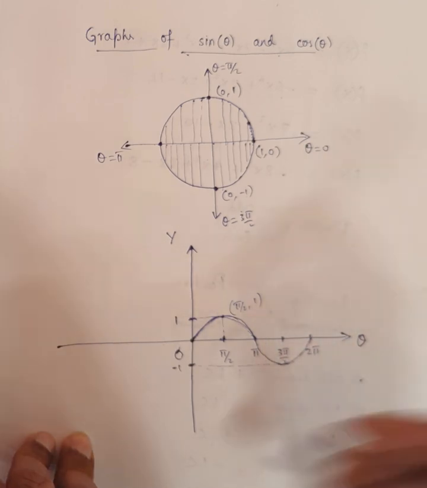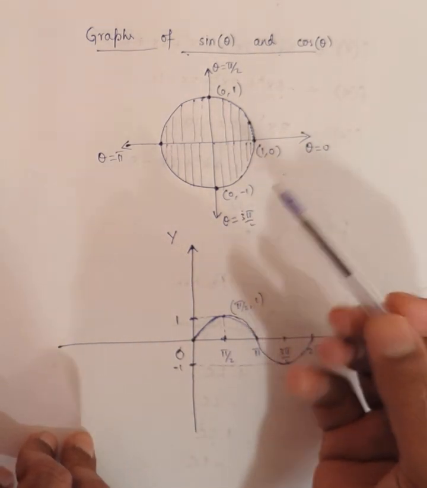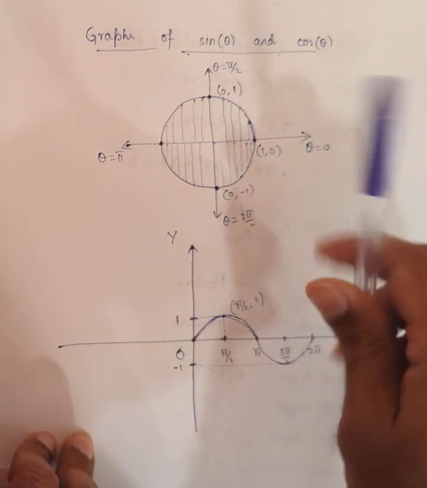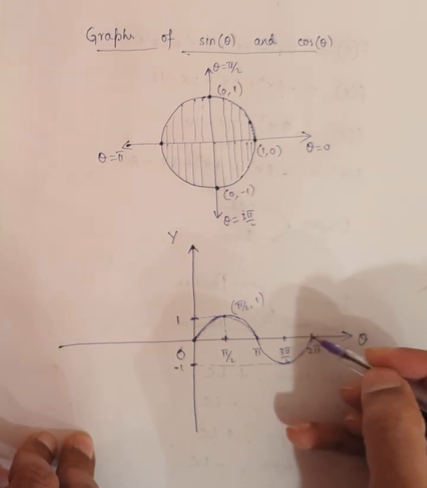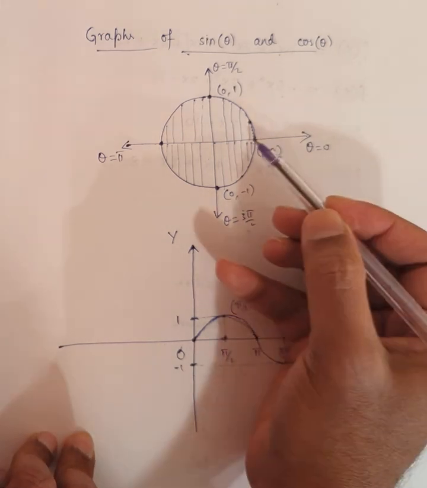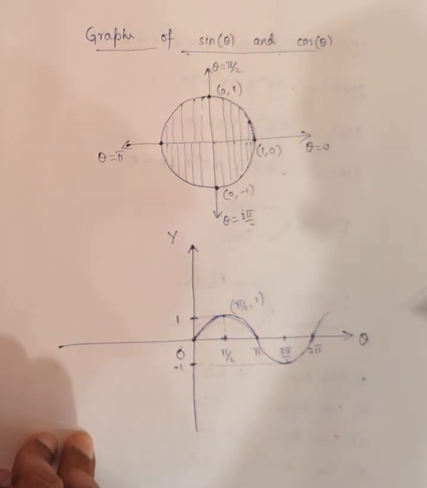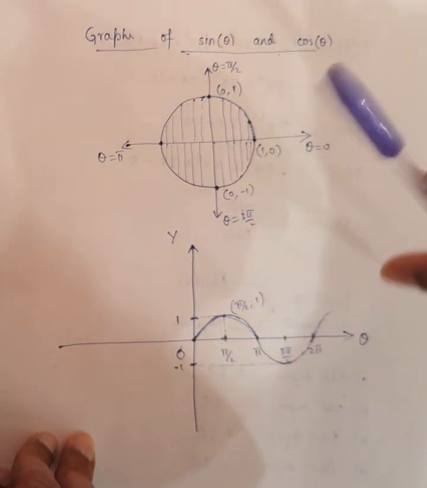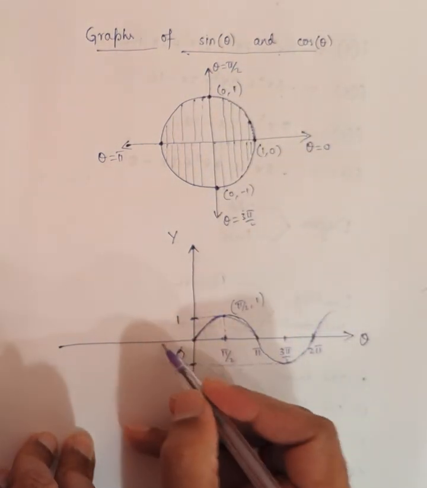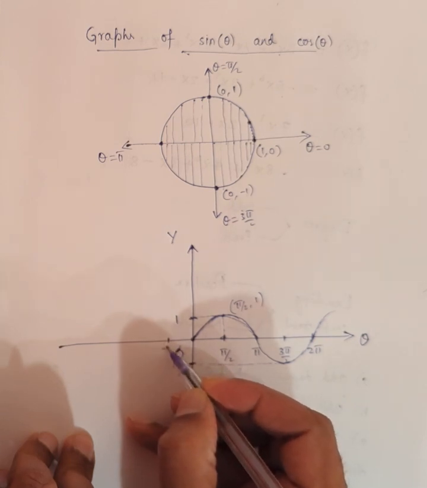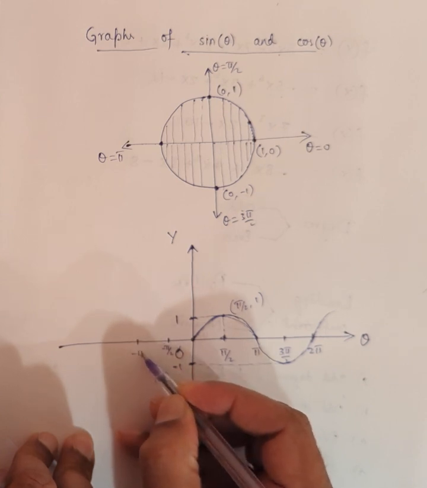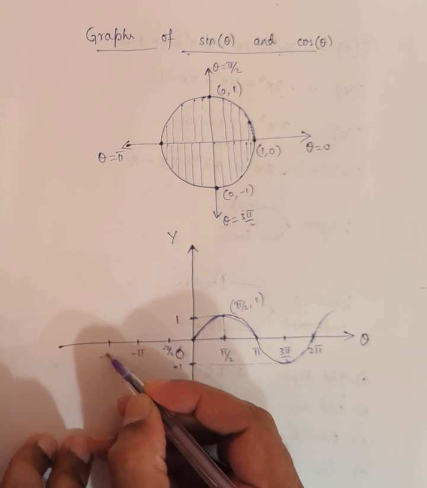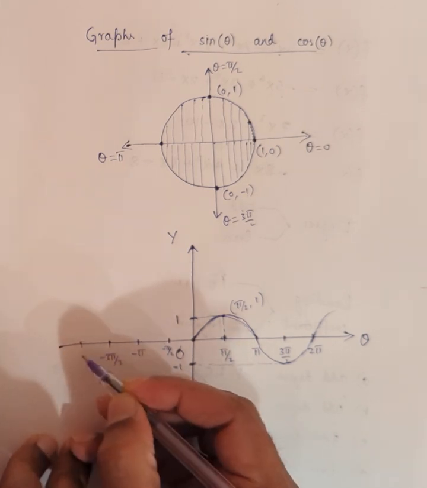Now this graph actually continues. Theta is not restricted to just 0 to 2 pi. We can talk about going further than 2 pi, and this piece continues to repeat itself because the y values repeat after every 2 pi. Also we could go in the clockwise direction. Then we can talk about the angles negative pi over 2, negative pi, negative 3 pi over 2, negative 2 pi, and so on.